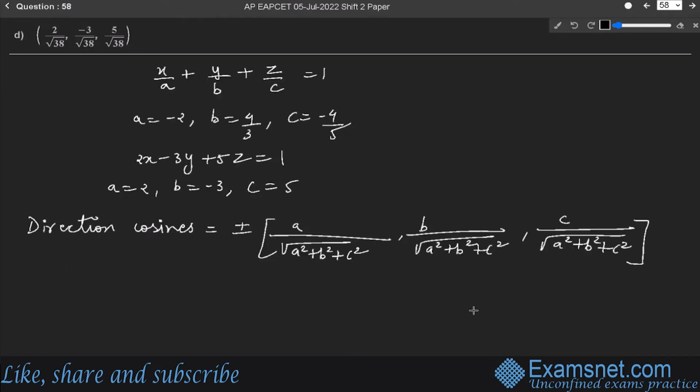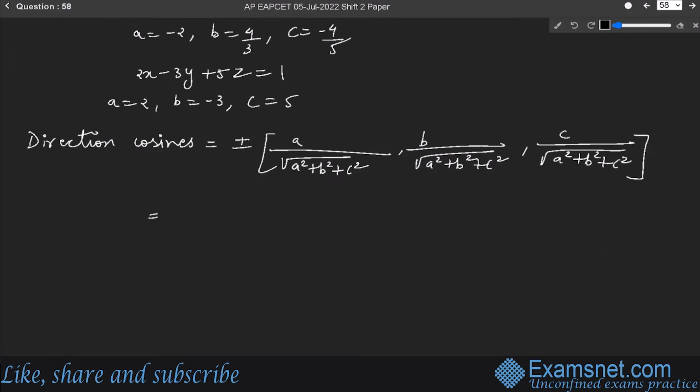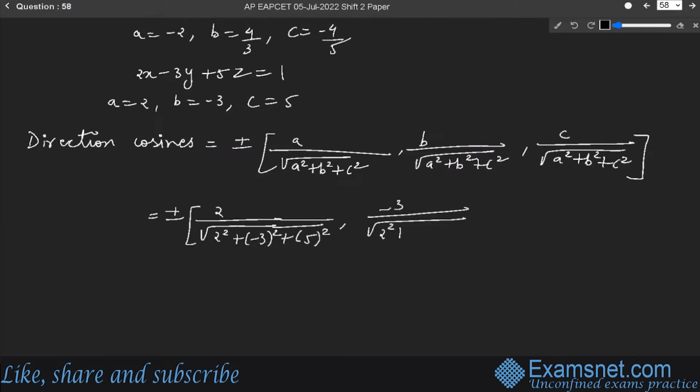On substituting the values here, it will be equals to plus minus 2 upon under root of 2 square plus minus 3 square plus 5 square, minus 3 upon under root of 2 square plus minus 3 square plus 5 square and 5 upon under root of 2 square plus minus 3 square plus 5 square.